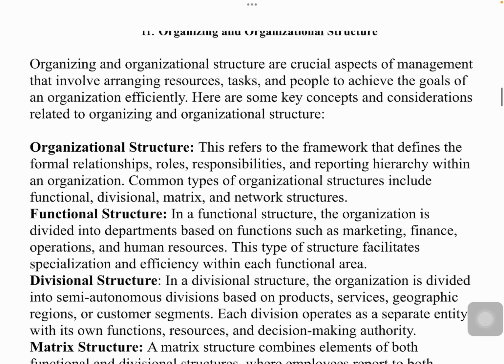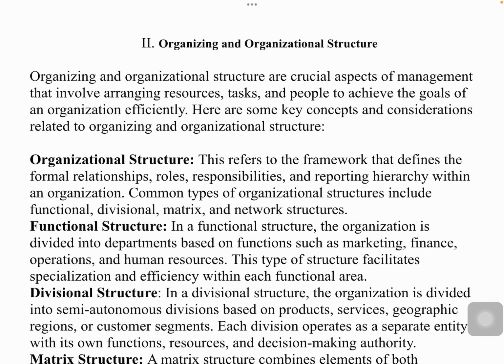How about the organizing and organizational structure? Okay, a moment. Okay, so organizing and organizational structures are crucial aspects of management that involve arranging resources, tasks, and people to achieve the goals of the organization efficiently.